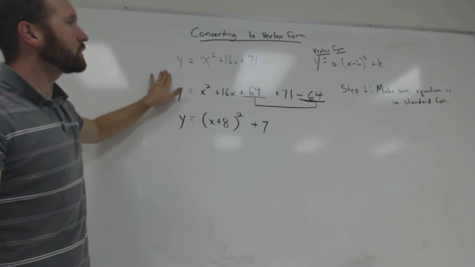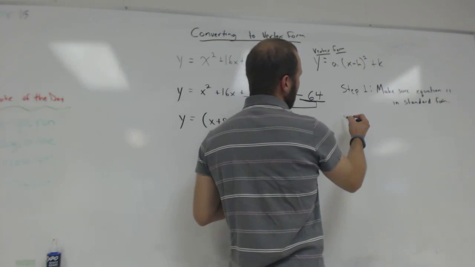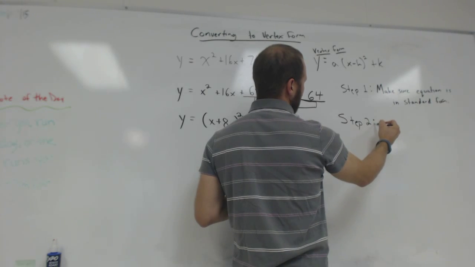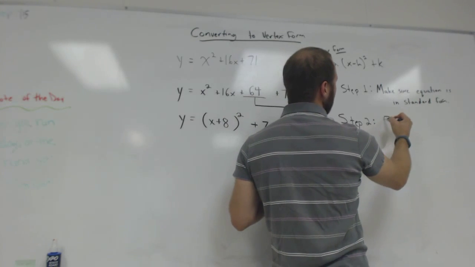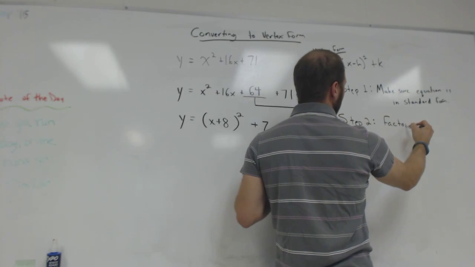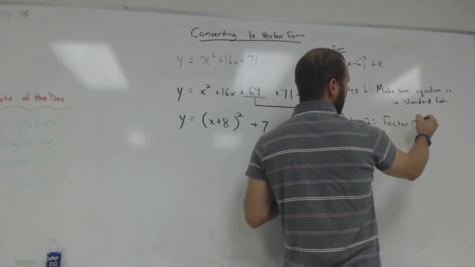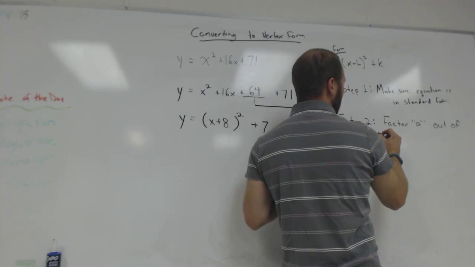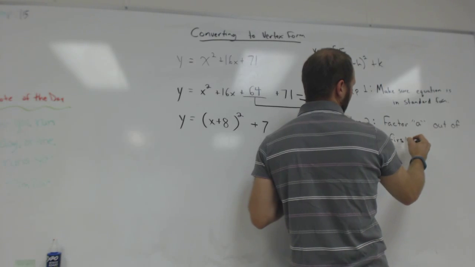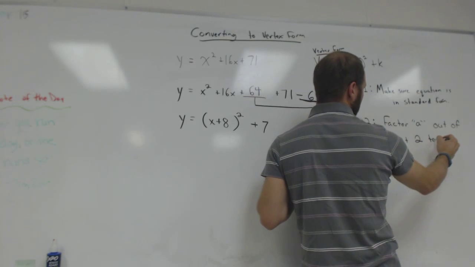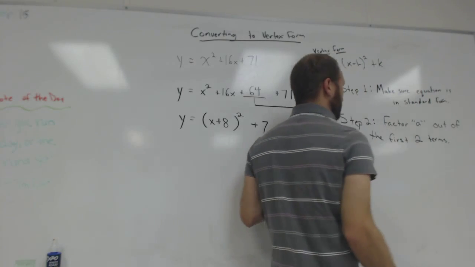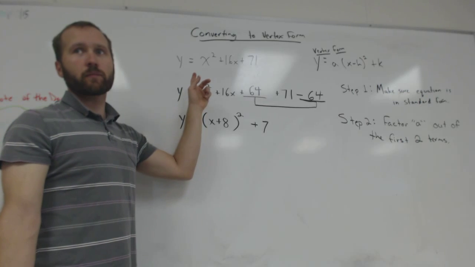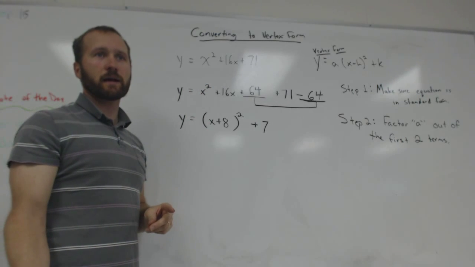So if I have an equation in standard form, step 2, which we also didn't have to do here, is to factor a out of the first 2 terms. We didn't have to do this in this case because a was 1, but we'll do an example like that in a second.